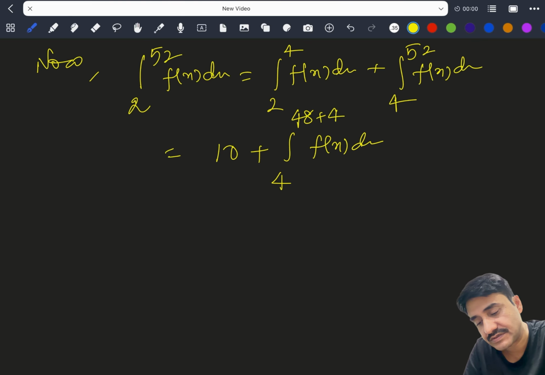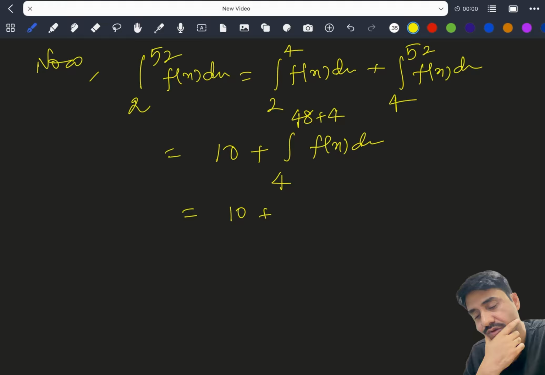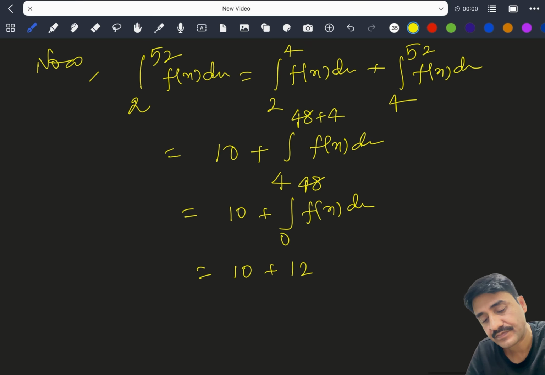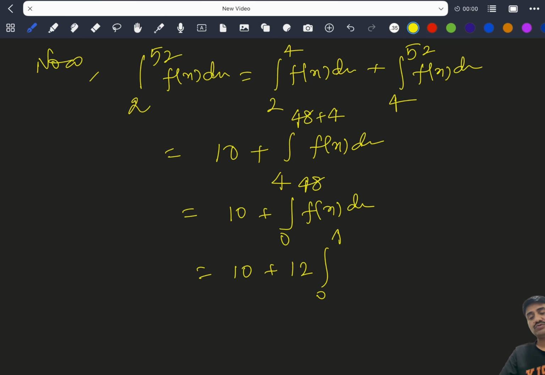So now this is 5 plus the integral 0 to 48 f(x) dx, using the property of a to a plus nT, which is 12 into 0 to 4 f(x) dx.